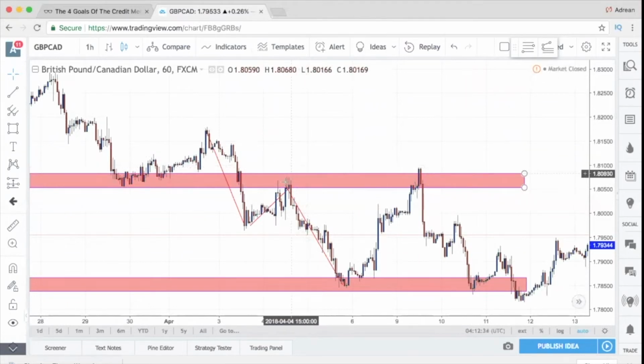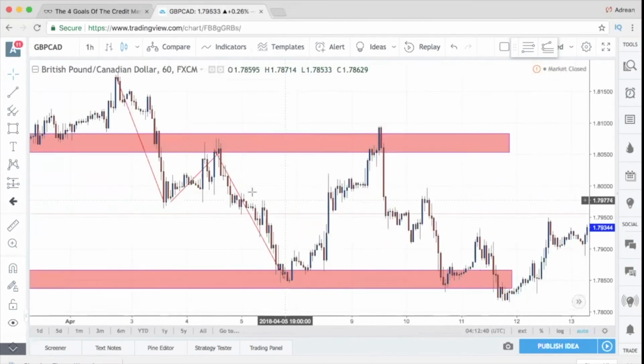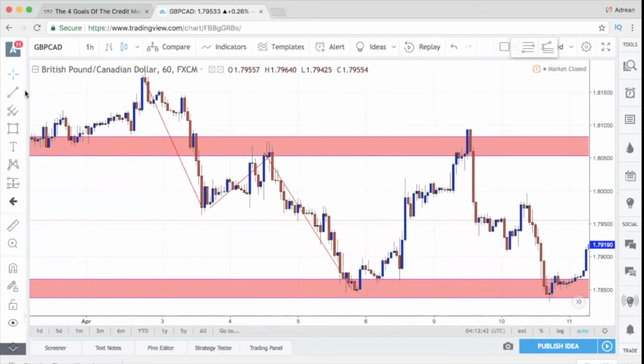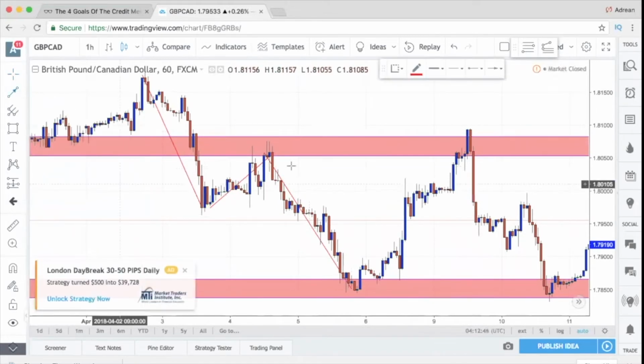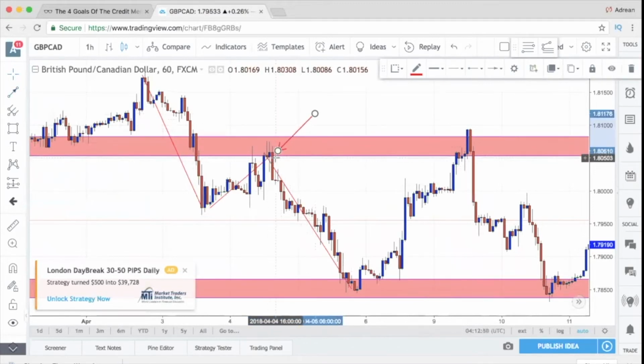And the only way that you would execute off of this is just by simply waiting. Once you had that engulfing candlestick right here, closing underneath that supply zone, that was letting you know that, hey, this thing does not have the energy to break this strong supply zone.